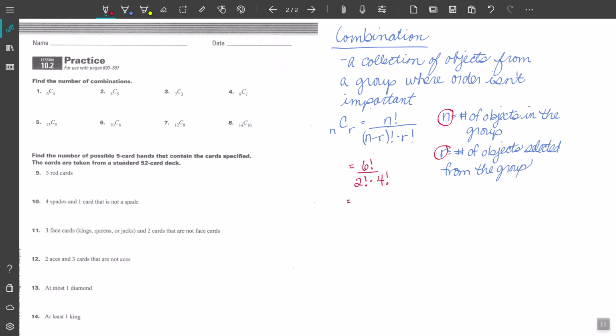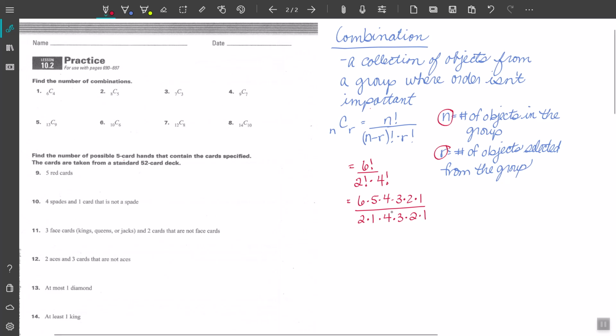Now remember, there on the denominator, it's not 2 times 4 factorial, it's not 8 factorial. We're going to find 2 factorial, and then we're going to find 4 factorial and multiply all those digits together. So in the numerator, it'll be 6 times 5 times 4 times 3 times 2 times 1. Our denominator, 2 times 1, that's 2 factorial, and then times 4 factorial will look like this.